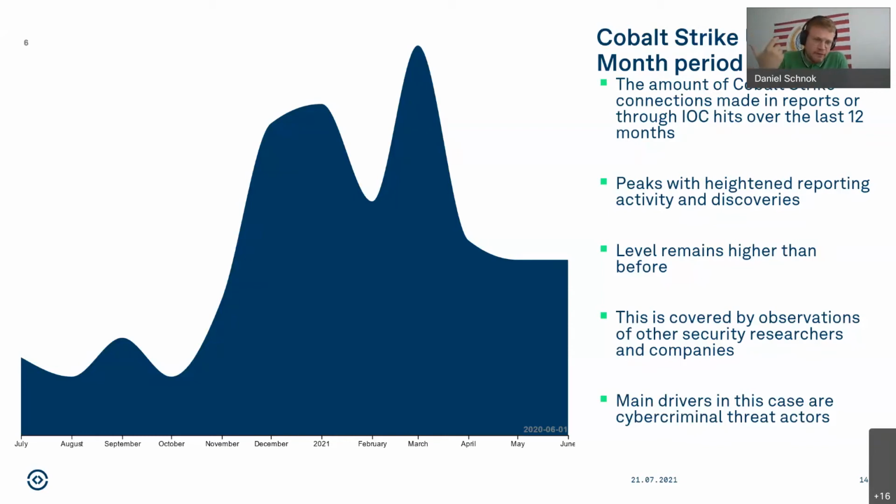In general, the main driver is that the powerful and versatile functionality is recognized and is already used by threat actors. Then the source code becomes available, and then everyone and their dog is using it.